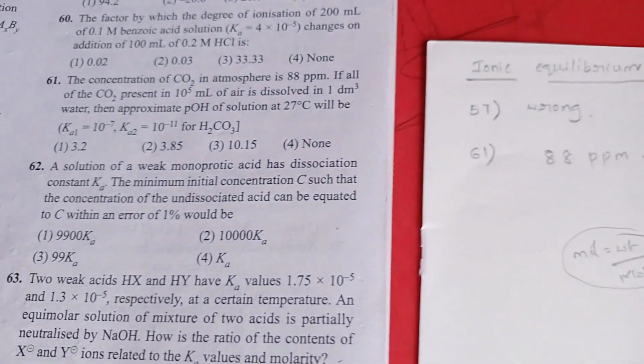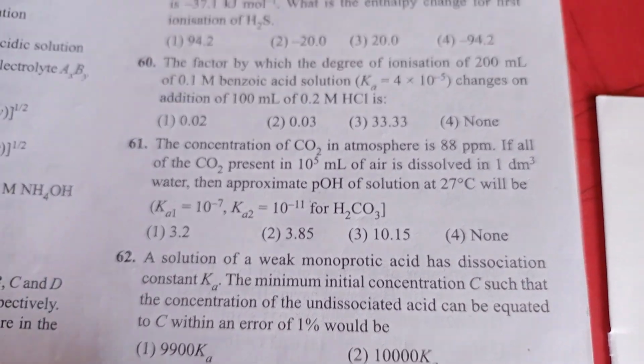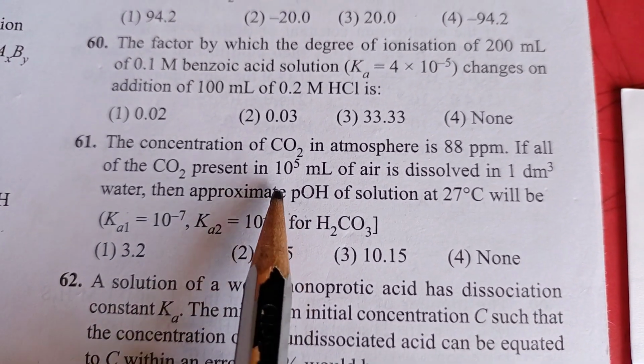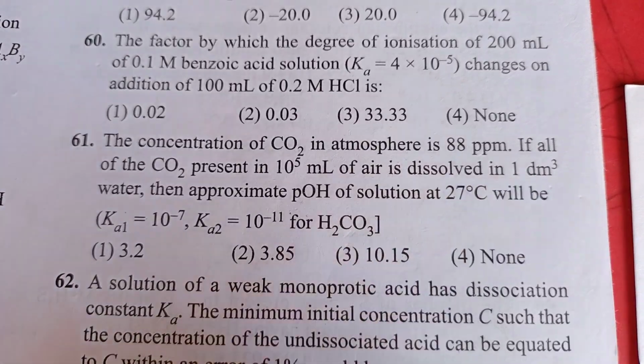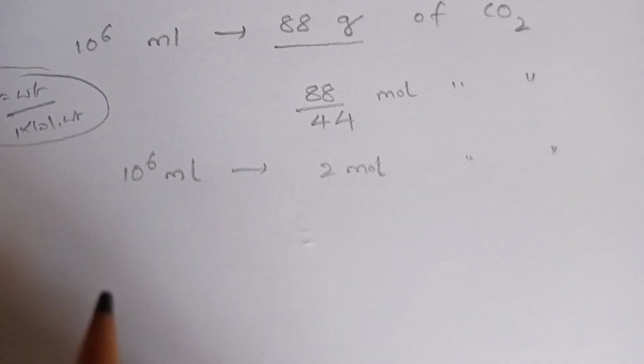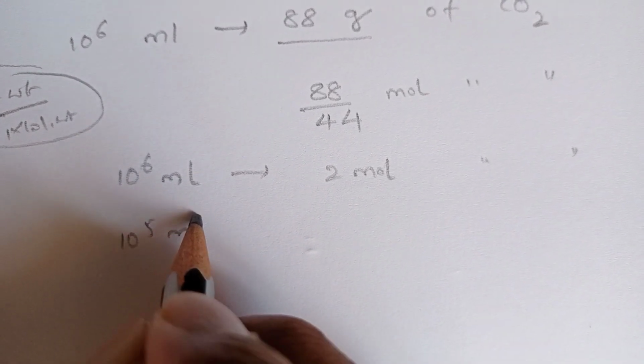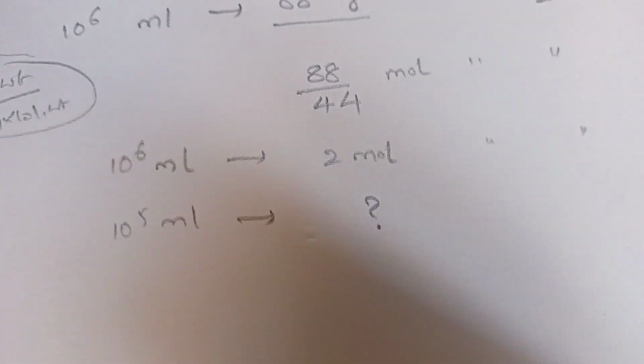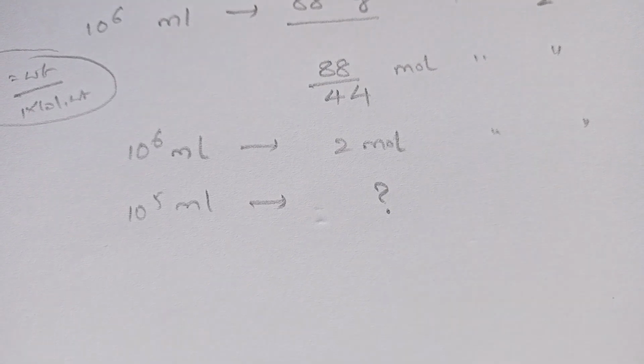But in this problem, it is very clear. 10 to the power of 5 ml of air is dissolved in 1 dm cube. So 10 to the power of 5 ml contains how many moles of carbon dioxide? We have to calculate first.